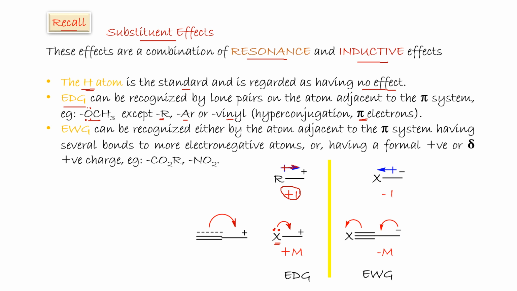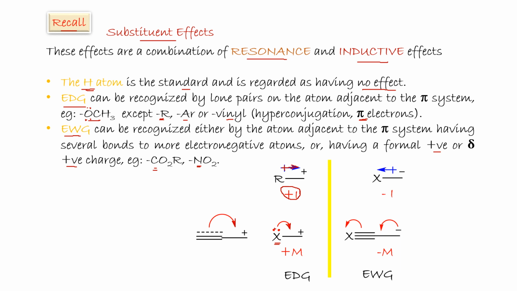On the other hand, an electron withdrawing group can be recognized either by the atom adjacent to the pi system having several bonds to a more electronegative atom, or having a formal charge, positive or partially positive, like the carbon on the carboxylate and the nitrogen in the nitro group.